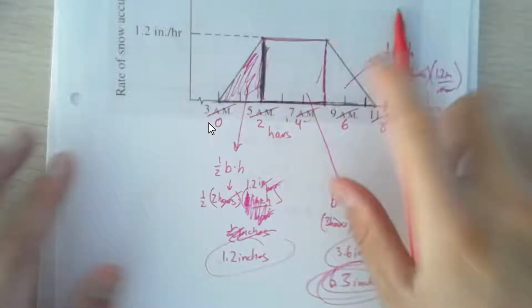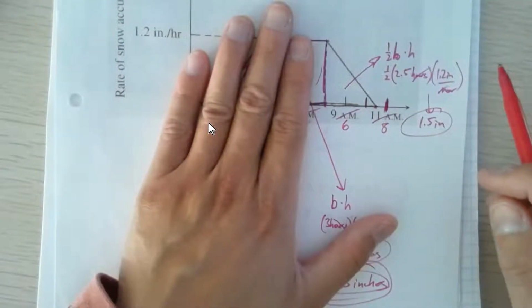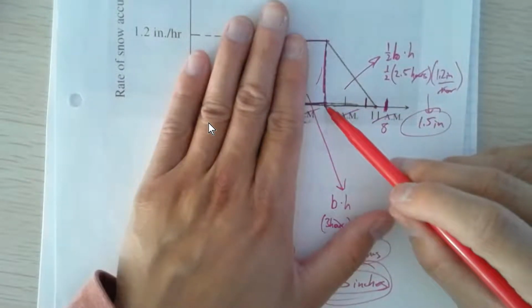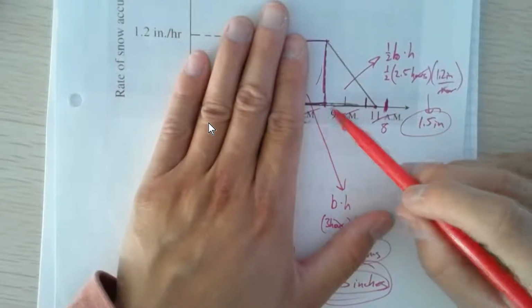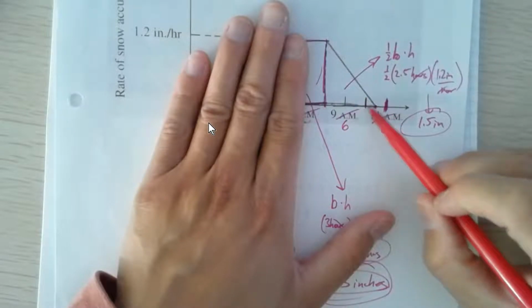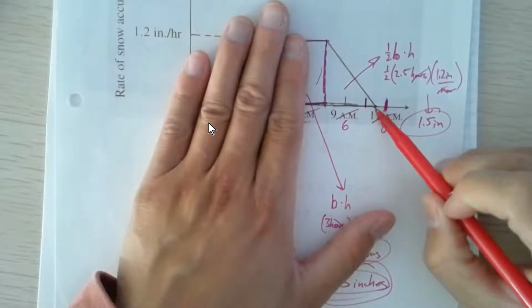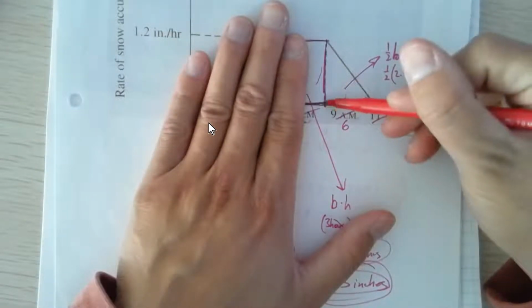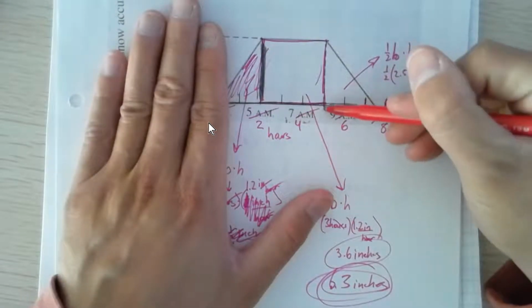And then for the other side, I did the exact same thing, only the increment was a little bit bigger for the base. This is from like 7 a.m. or 8 a.m. to 9 a.m. to 10 a.m., to 10:30, I estimated. That's about the middle. But if I looked at my increments, this is technically hour 4. This is the 5th hour.